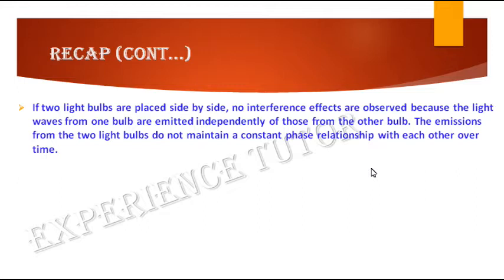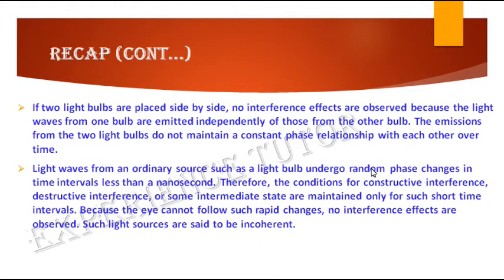The emissions from the two light bulbs do not maintain a constant phase relationship with each other over time. Light waves from an ordinary source such as a light bulb undergo random phase changes in time intervals less than a nanosecond.